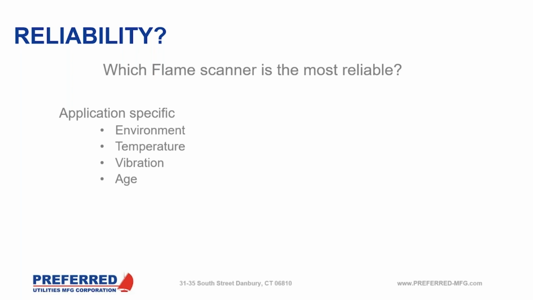So there are a lot of different things we can do to increase the reliability. Obviously with fiber optics, if you've got a high temperature situation, that can come into play too. There are also products out there called cooling jackets that can use process air or instrument air to actually cool the flame scanner too.